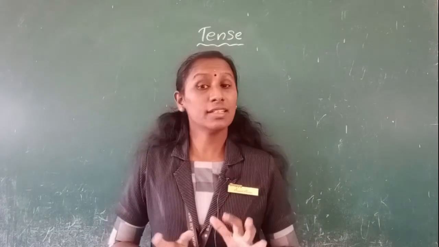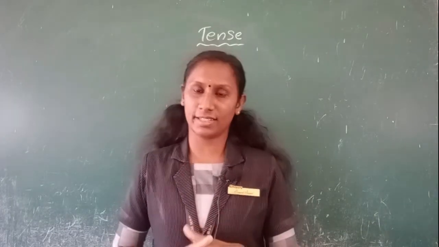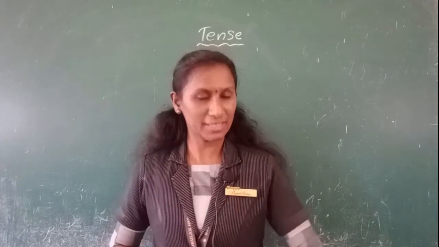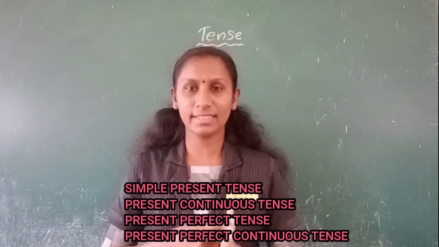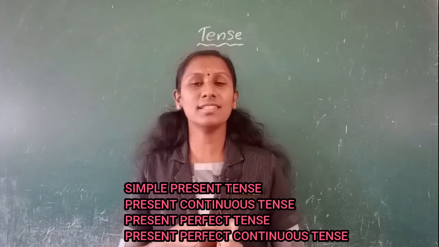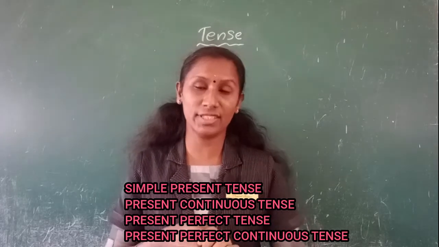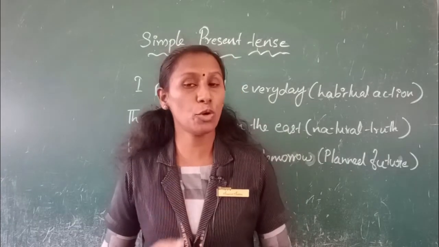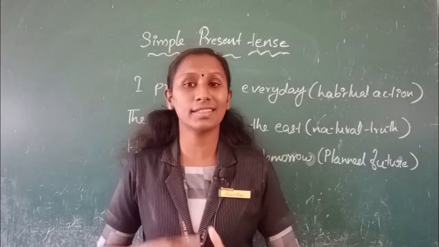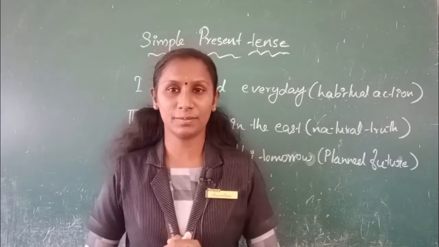Okay, there are four forms of each tense. The four forms of present tense are simple present tense, present continuous tense, present perfect tense, and present perfect continuous tense. Now let us move on to the first form of present tense, that is simple present tense.